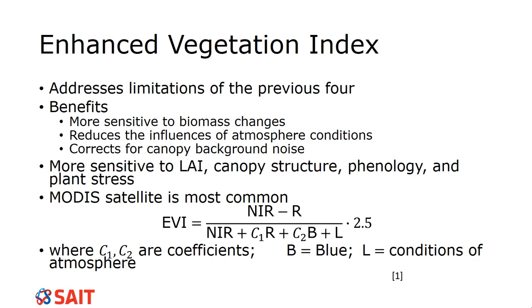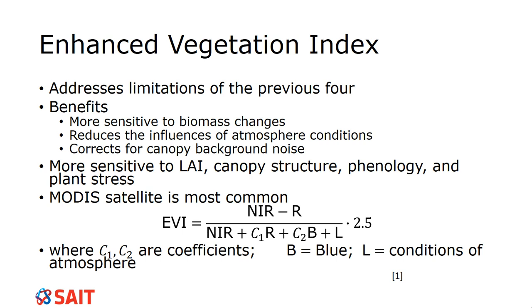Something a little bit about it is that it's more sensitive to leaf area index than NDVI. It also is really sensitive to canopy structure. So it will give us more information about what this canopy looks like. It's great for phenology, which is looking at types of plants and anything about a plant itself.